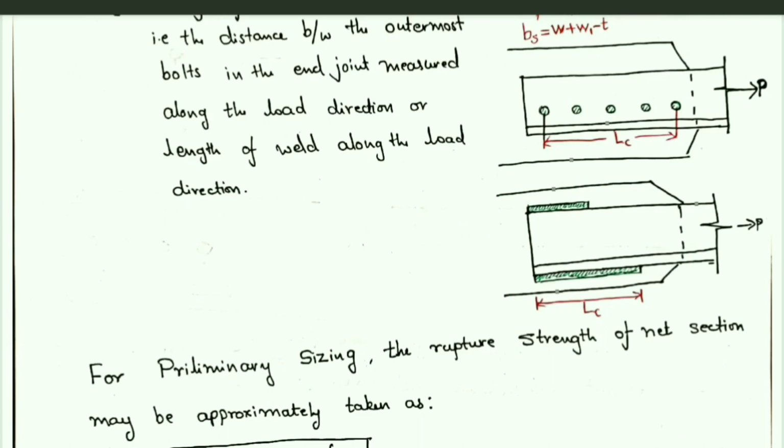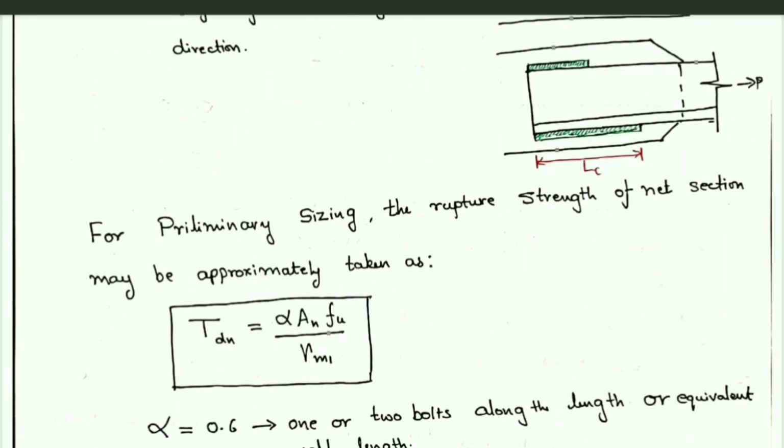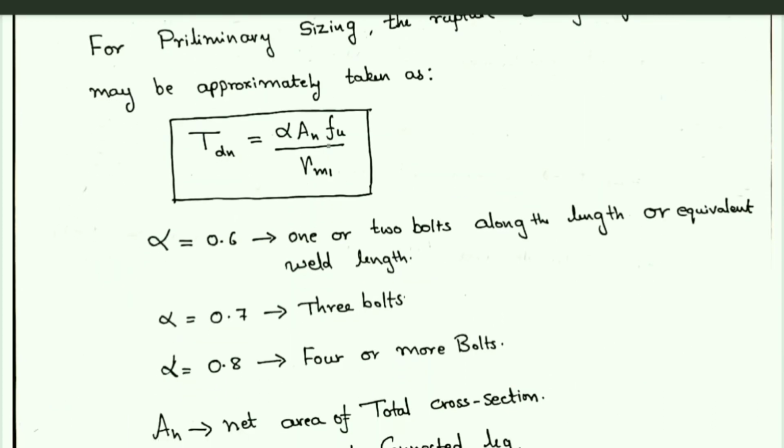At the beginning of the design, if you don't know which angle to use, for the preliminary section you can use a formula: TDN will be equal to alpha An Fu divided by gamma M naught, where alpha will be equal to 0.6 if 1 or 2 bolts are used, 0.7 if 3 bolts are used, and 0.8 if 4 or more bolts are present.